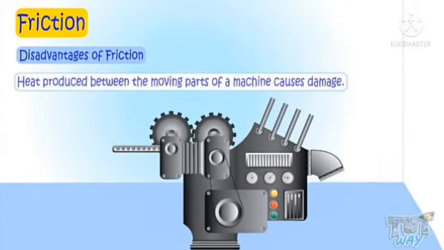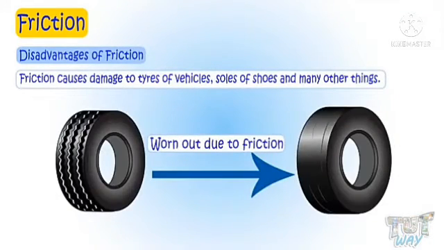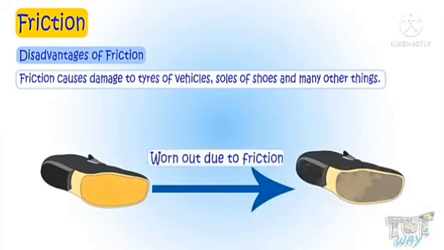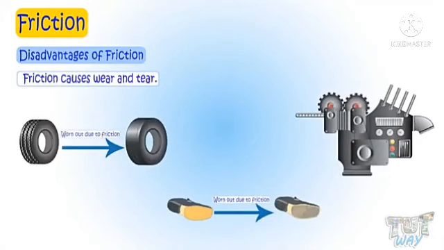Heat produced between the moving parts of a machine causes damage to the machine. Friction produces heat, which is why some cars overheat. Friction causes damage to tires of vehicles, soles of shoes, and many other things. Friction causes wear and tear.